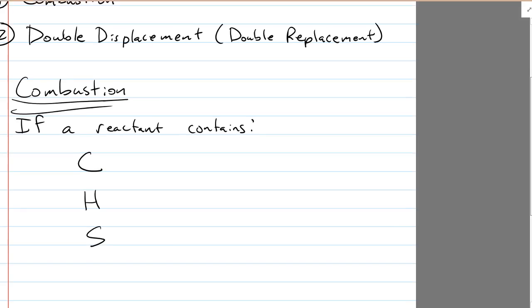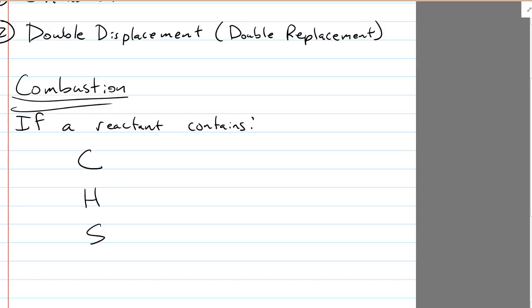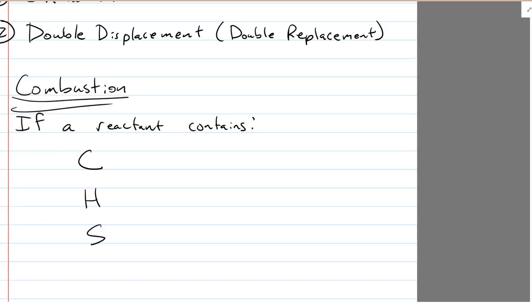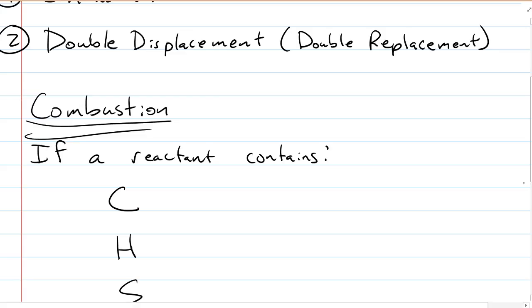So maybe we should step backwards here a bit. If we say that we combust something, what does that mean? If something is combustible, what does that mean? Anybody know what combustion is? Burning. If something goes through combustion, that means we burn it. And most of us here today got here using an internal combustion engine.